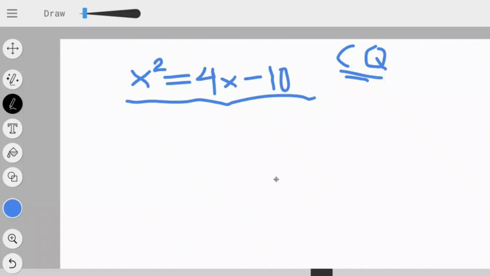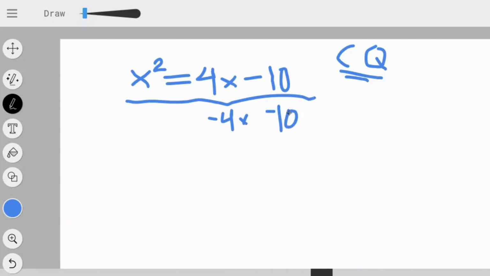That's very important, and it's not doing that. So how do we get it to equal 0? We subtract all of this from both sides. So let's do that. 4x minus 4x, and then minus negative 10.